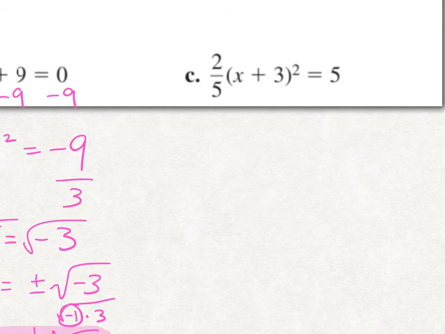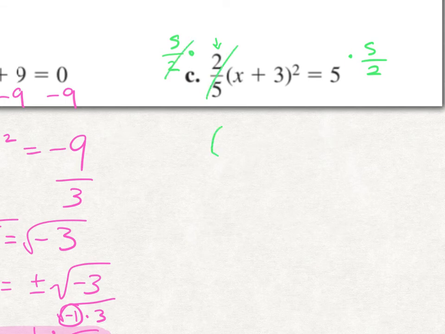What do we need to do first to solve in question C? We could distribute, but we can't first because we have that squared. We wouldn't square root the whole thing because this is not being squared. So we can multiply both sides by 5 over 2, because 5 over 2 times 2 over 5, they cancel out.